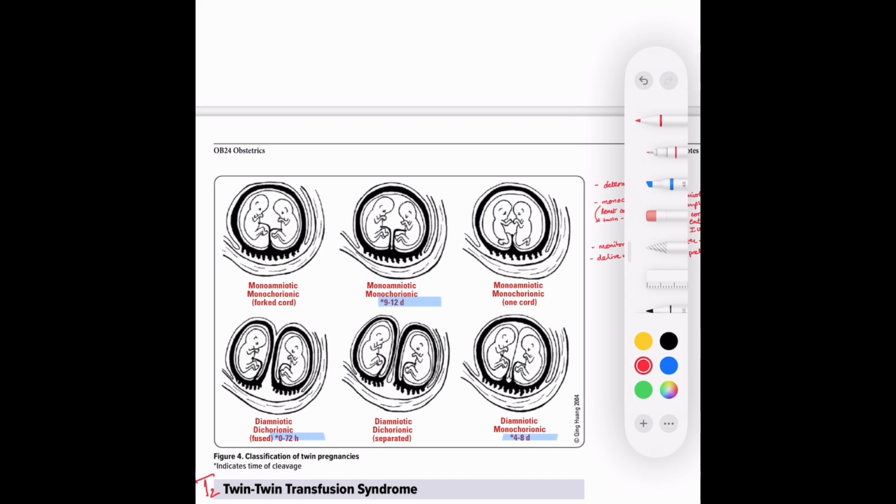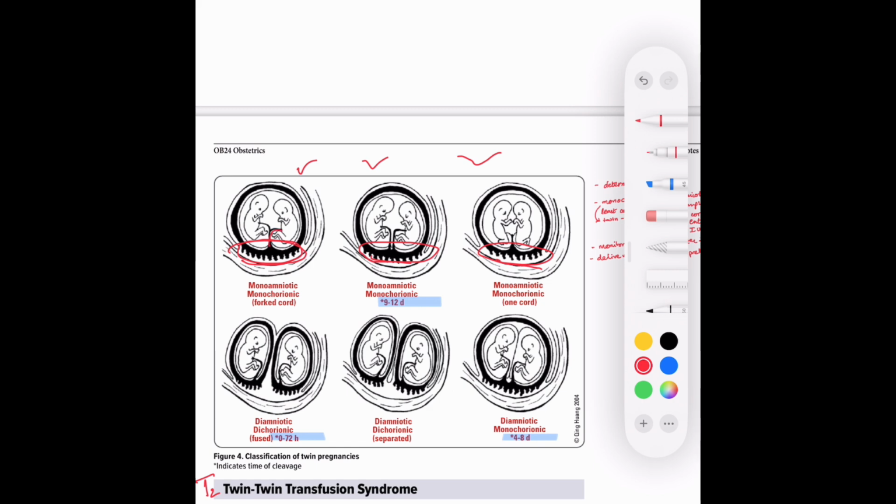Okay, so this was about multifetal gestation, and in this diagram we can quickly see the classification of twin pregnancies, starting with the top 3. What we can see is that the placenta is 1, which is called monochorionic, but it has different shapes.